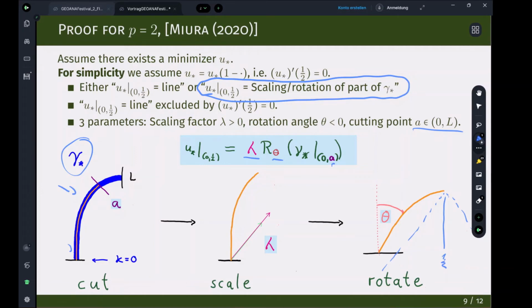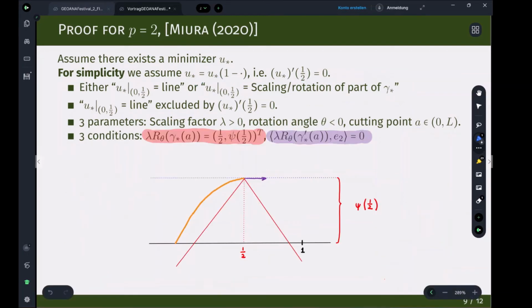And that way I only need to choose the optimal cut, the optimal scaling, and the optimal rotation. That's the three parameters I have here. And I also have three conditions, basically. First, the two-dimensional condition that the obstacle needs to be touched at this point 1/2. And the second condition is that the derivative here has to be vertical or horizontal.